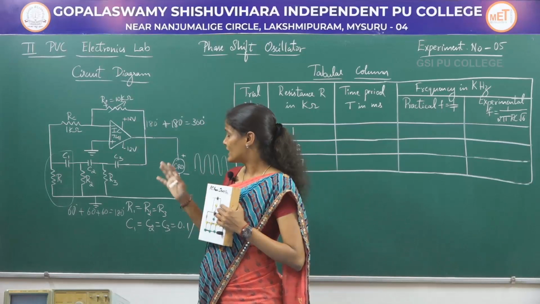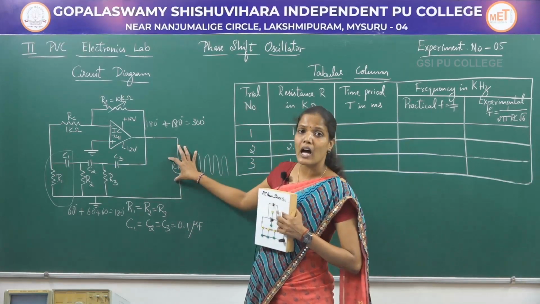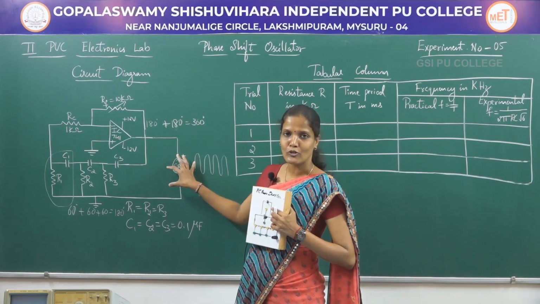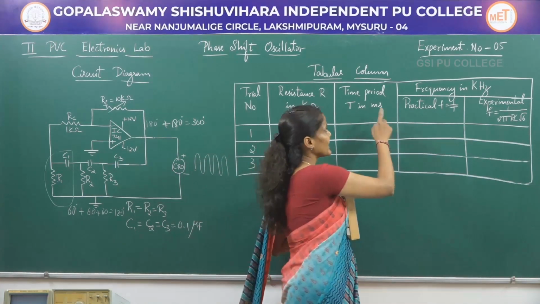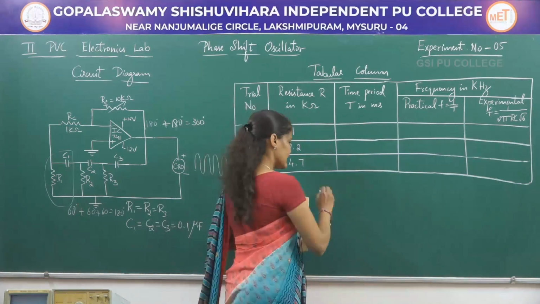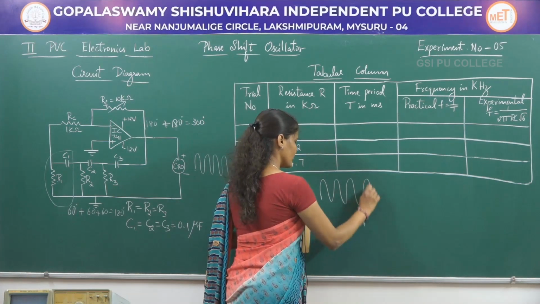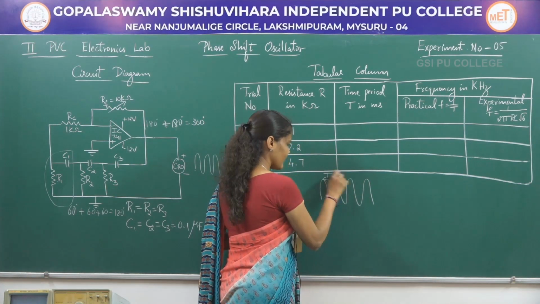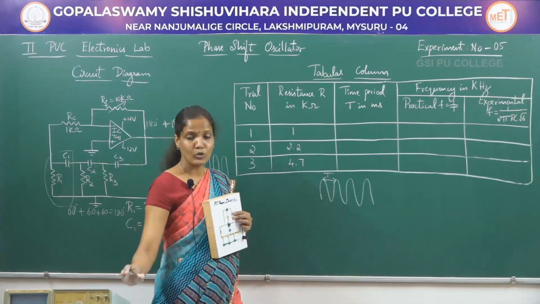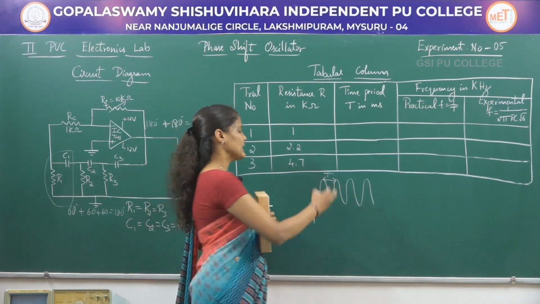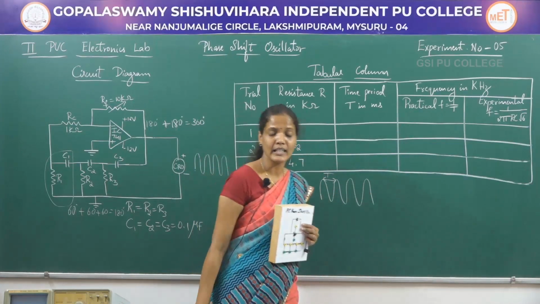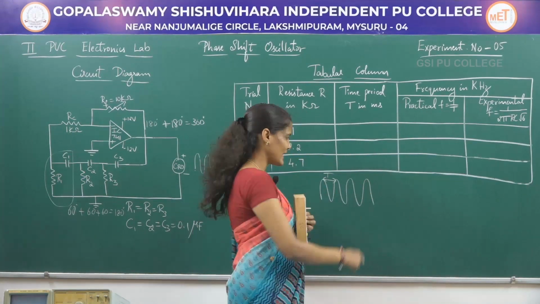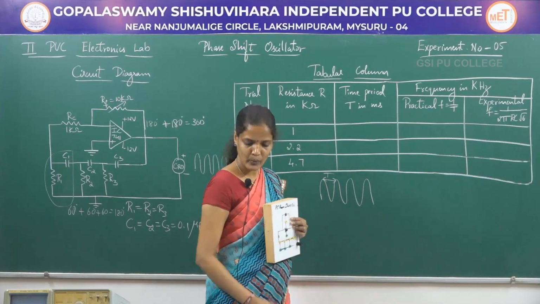And finally, for this experiment, I'll be using a CRO, that is cathode ray oscilloscope, in order to generate these electrical oscillations and measure the time period between the signals, the time period between the positive peaks. This is the time period that I have to note down from the CRO, and from that time period I can easily calculate the frequency, that is 1 divided by T gives me the practical frequency.